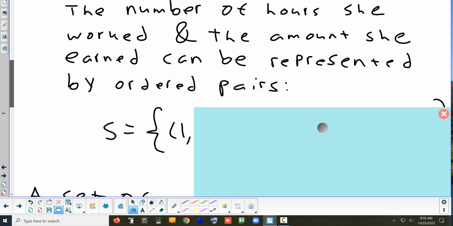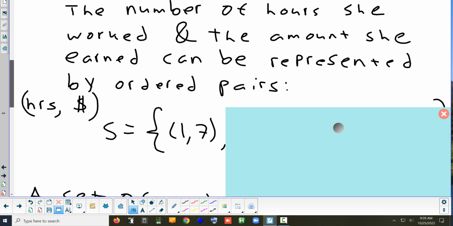Yep. $7. So what we're basically doing is writing pairs of numbers where the first number represents hours, and the second number represents money. Hours, comma, money.